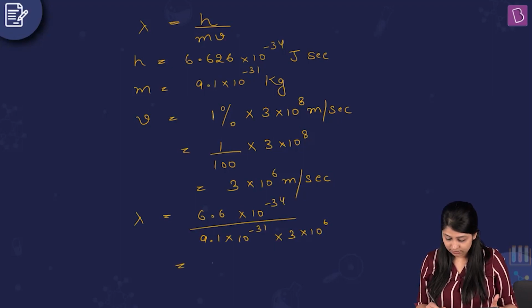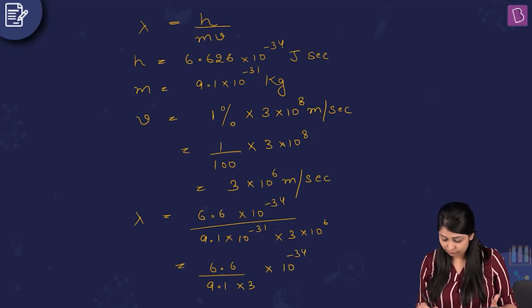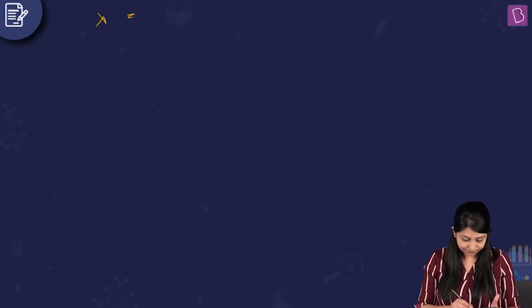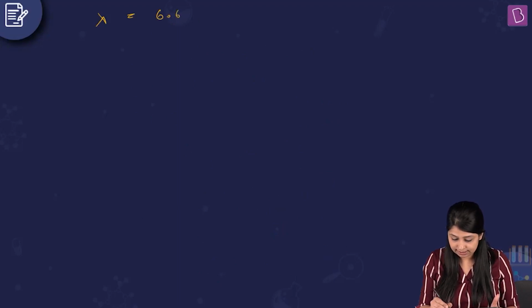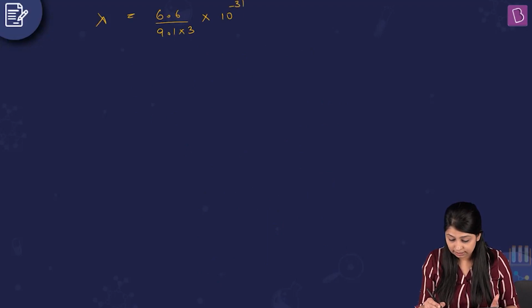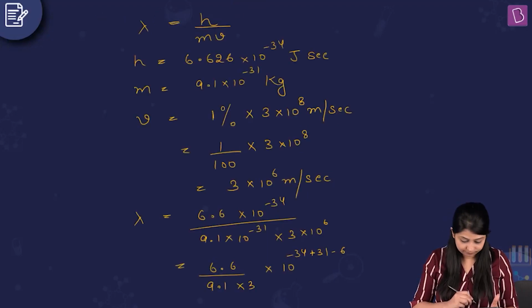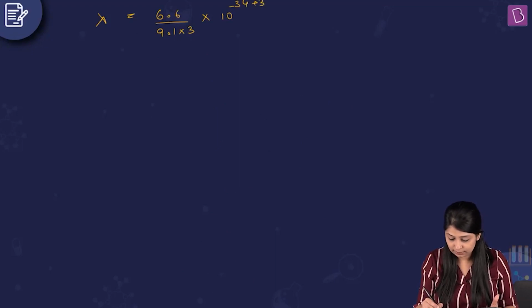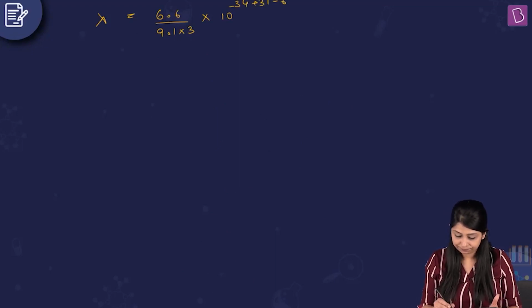So this will be 6.6 upon 9.1 into 3 into 10 to the power minus 34 plus 31 minus 6. Okay, let's see what do we get. So this is 6.6 upon 9.1 into 3, and the power is minus 34 plus 31 minus 6. Okay. So this will be 2.2.